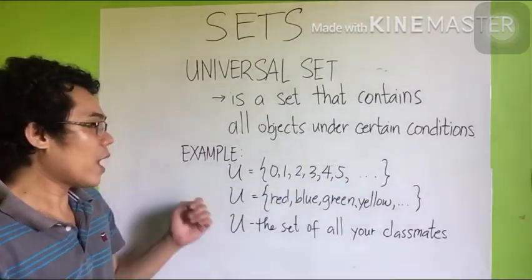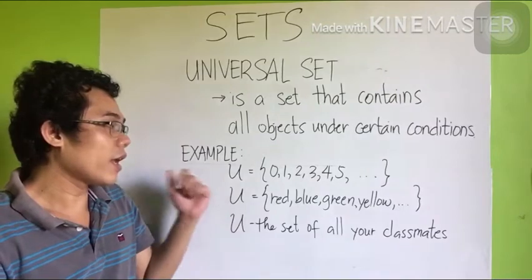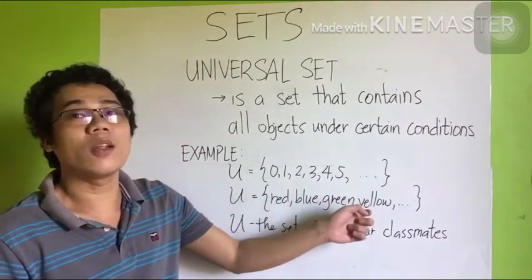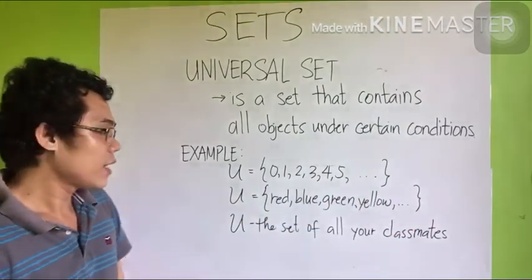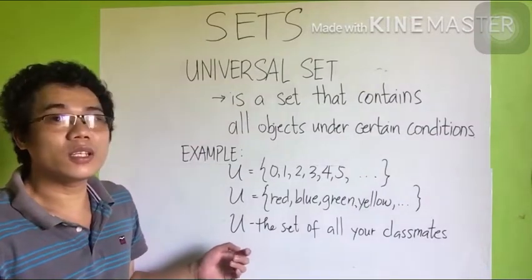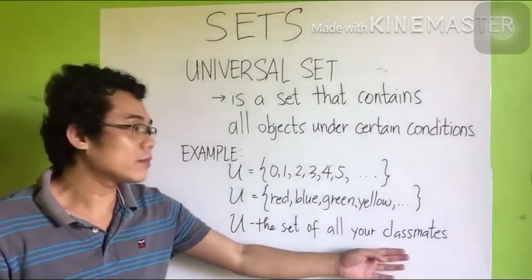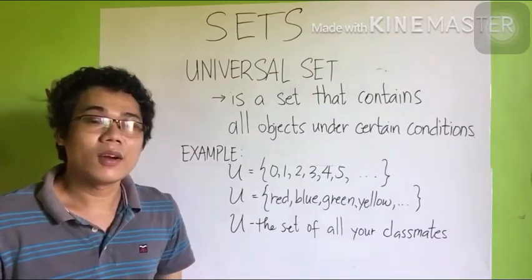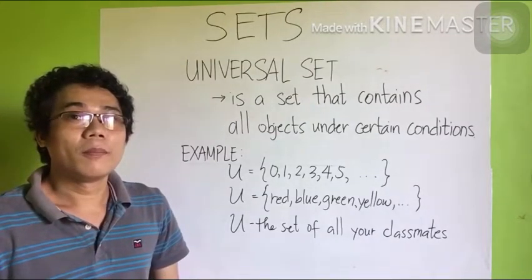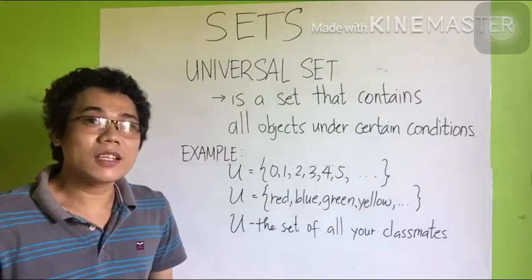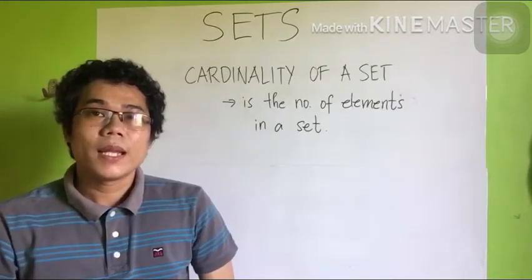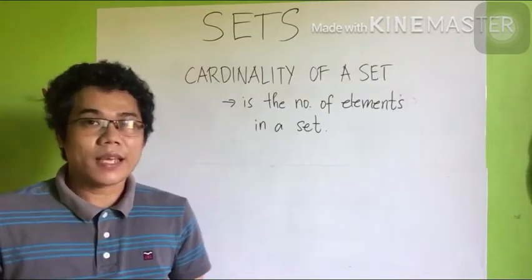And then we also have the set of colors, say red, blue, green, yellow, and so on and so forth. And then, we may also consider the universal set U to be the set of all your classmates, say in math, or the set of all your friends in the community.